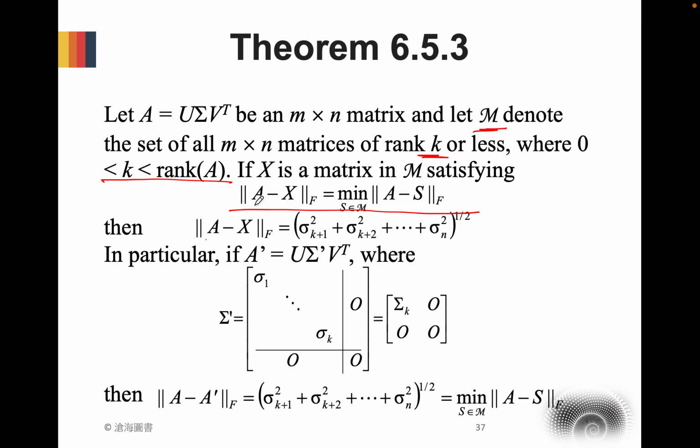The Frobenius norm of A minus X represents the distance. You can imagine it as the distance between A and X. Okay, and according to the previous description, we know the Frobenius norm of A minus X is equal to the square root of sigma K plus 1 squared plus sigma K plus 2 squared and so on.